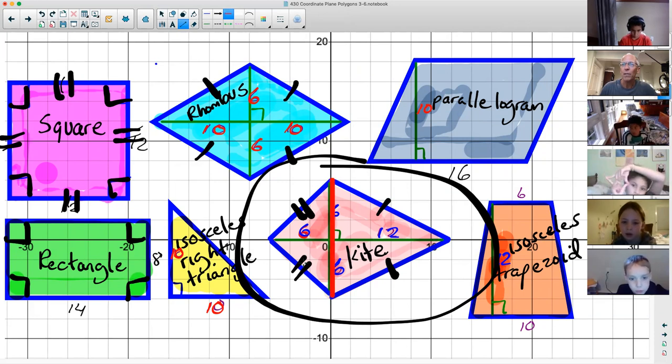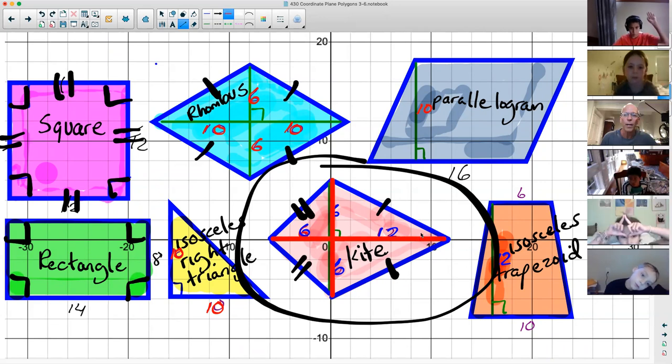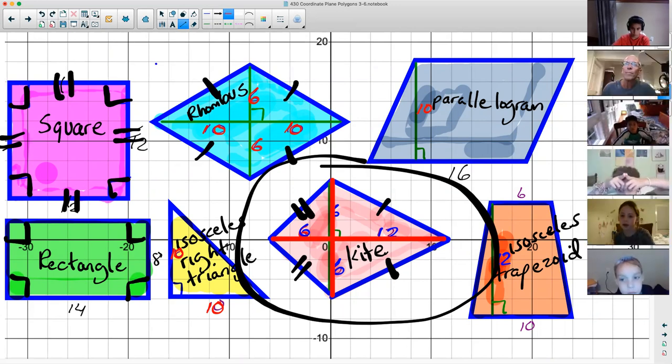What happens when I draw the diagonals of a kite? Can anyone tell me what they see? Who has an observation? Caroline? They're separated into four triangles. That is true, but that is also true about a parallelogram.